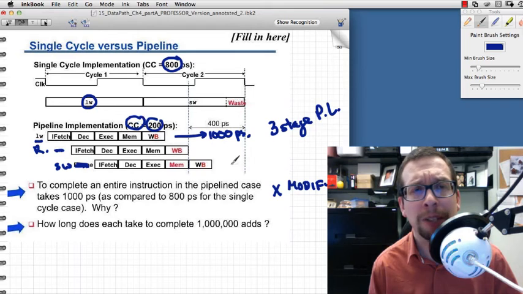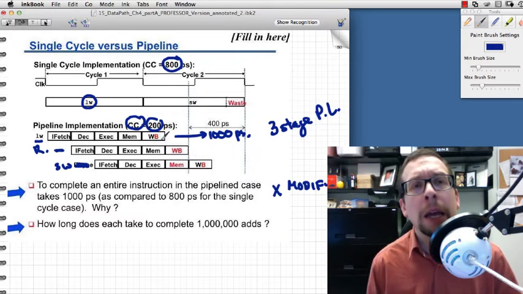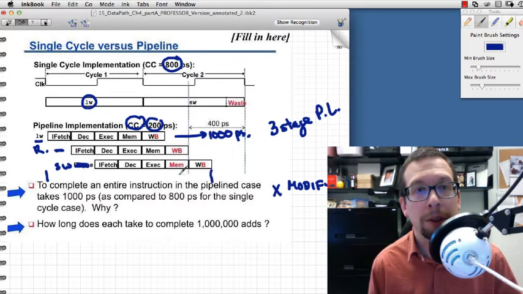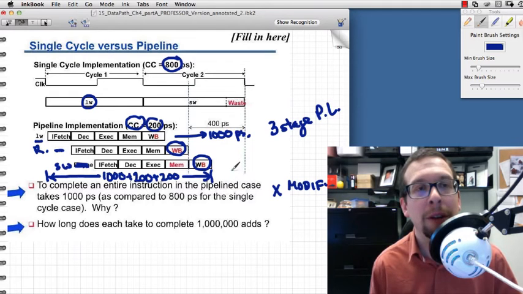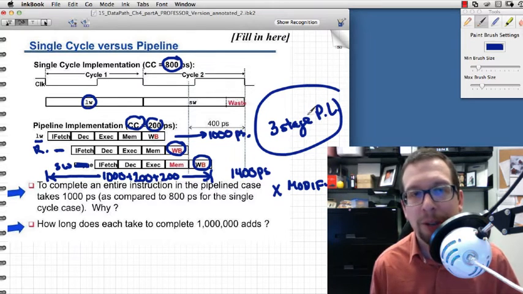And this is how it basically continues on and on, to the point where from here to there, it takes 1,000 plus 200 due to this, plus 200 due to that portion right there, for a total of 1,400 picoseconds to execute all 3 instructions in the 3-stage pipeline.